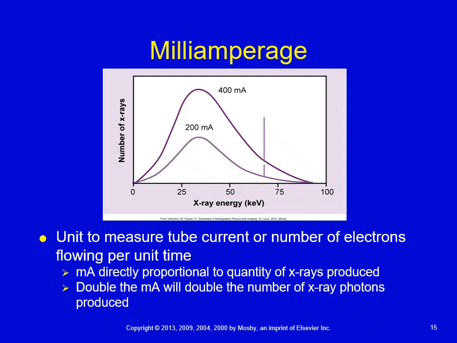If we double the MA, we double the number of electrons in the X-ray beam. If we cut it in half, then we cut the number of X-ray photons in half that will be available in the beam for X-ray production.